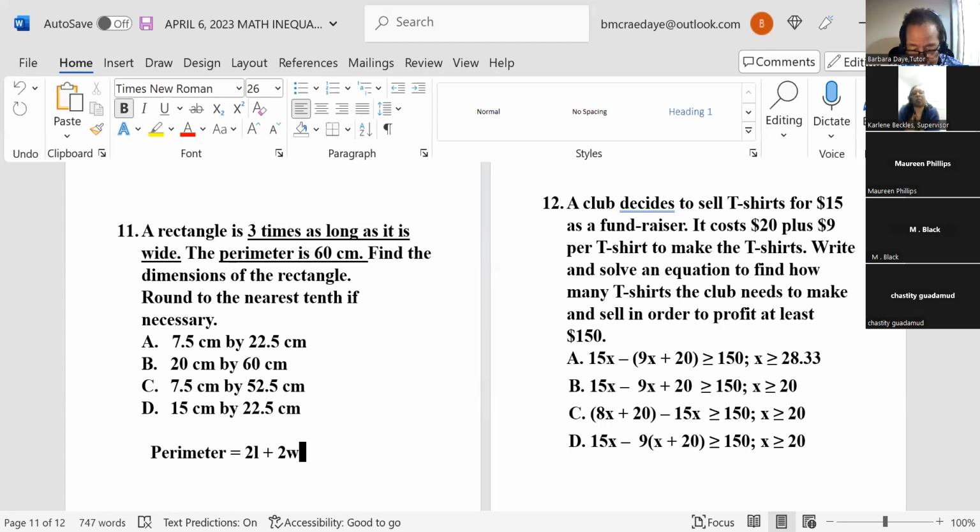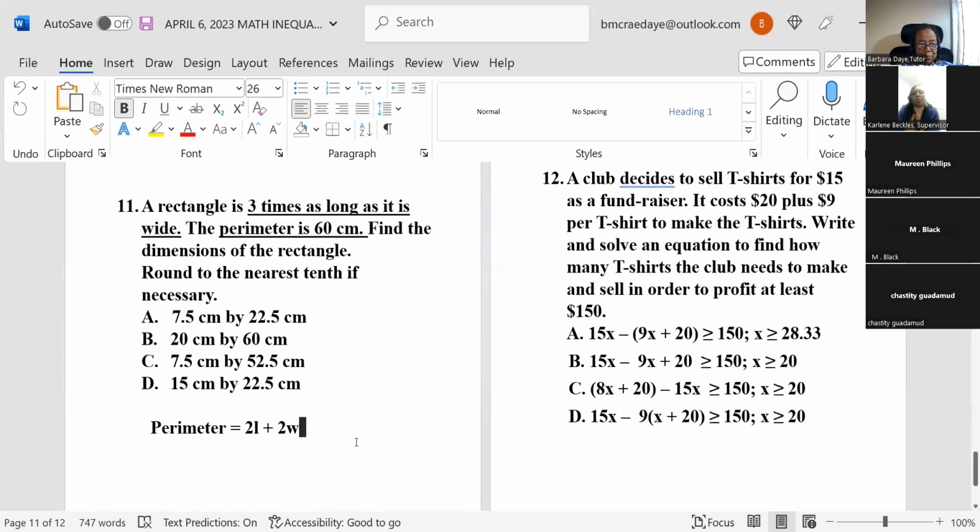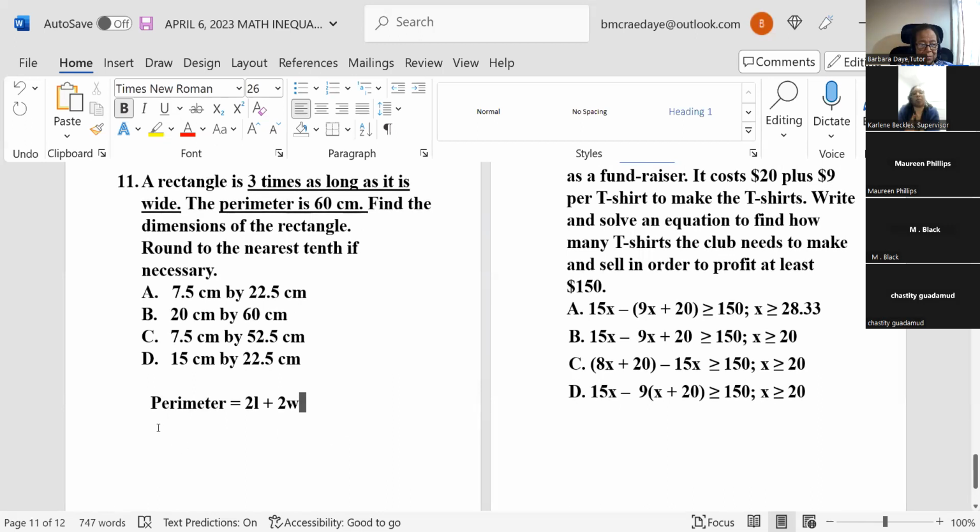How do we write that, Maureen? It's 3 times as long as it is wide.